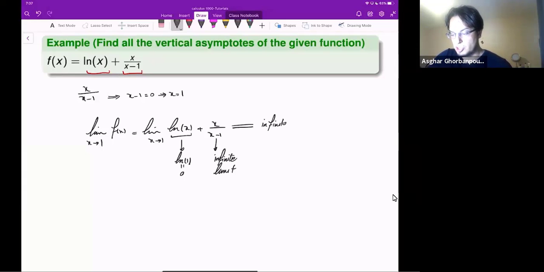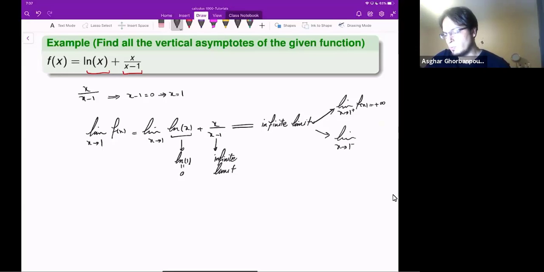Again, you can check more details. For example, as x approaches 1 from the positive side, the limit of the function is going to be plus infinity, and as x approaches 1 from the negative side it is negative infinity. From that, you can conclude that yes, x equal to 1 is a vertical asymptote.